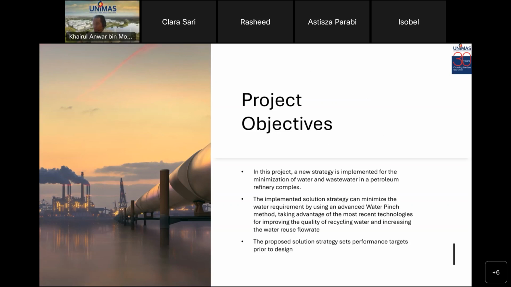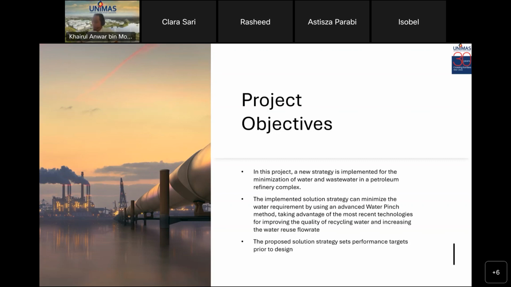So advanced water pinch method here refers to the traditional method used in combination with software. In this case, they use MATLAB. Water pinch takes advantage of the most recent technologies for improving the quality of recycling water and increasing the water reuse rate.